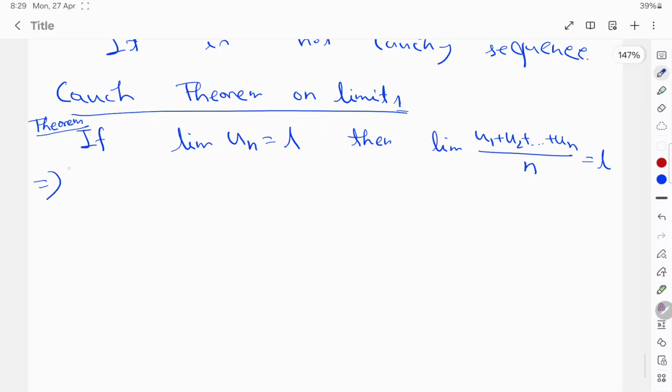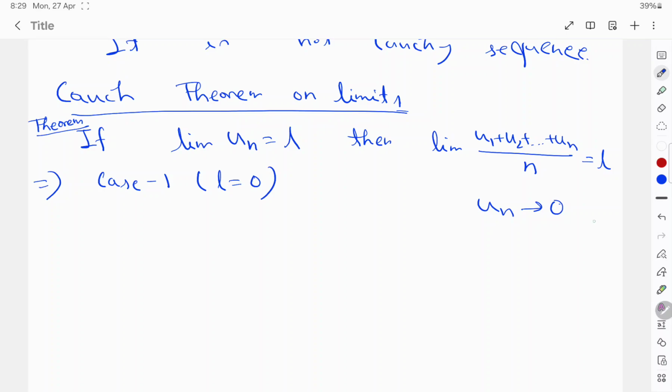We will prove this. So here basically we will do using two cases. First case is your L is 0. So you know, if your L is 0, so if your un is going to 0, right, that is un is a sequence which is converging to 0.